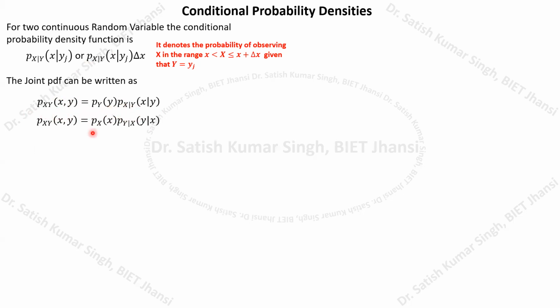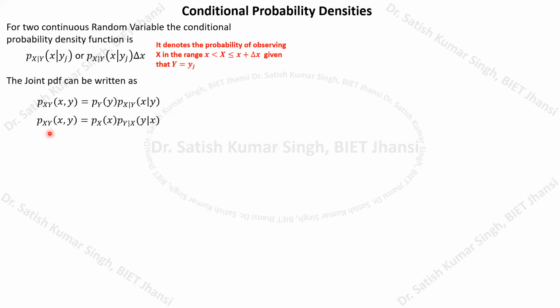And this can also be written the other way around, as p(x) p(y | x). You remember here we are writing this probability p(y) first, and then a conditional probability: for a given value of y, what is the probability of getting this particular x. Okay, so x should be in the range x to x plus delta x.